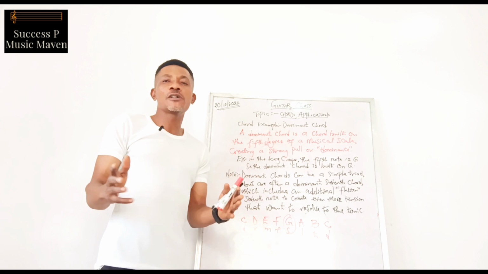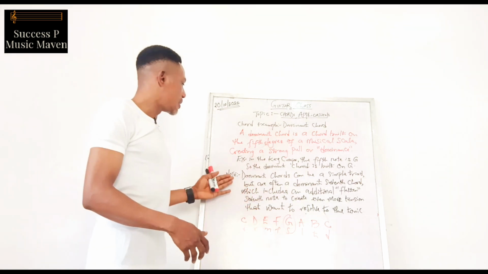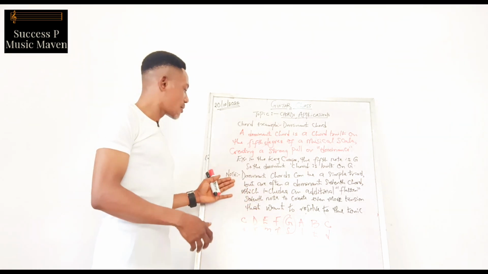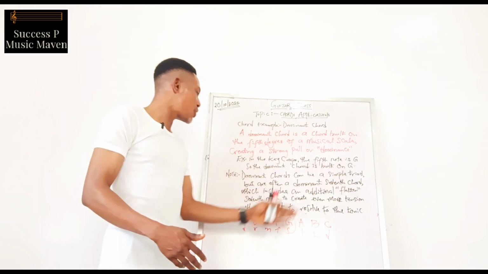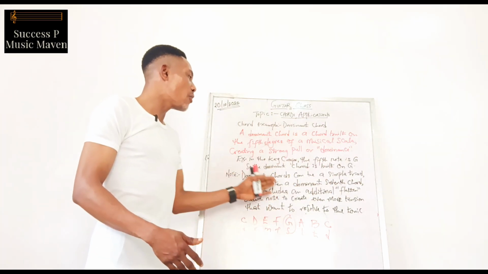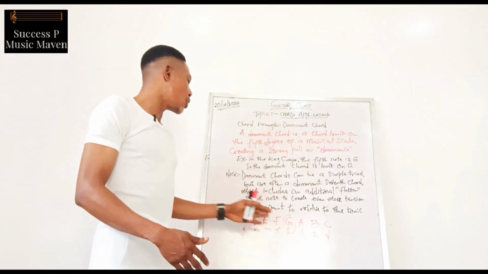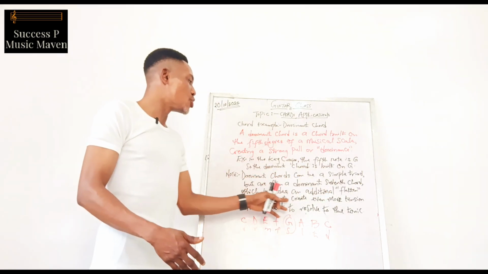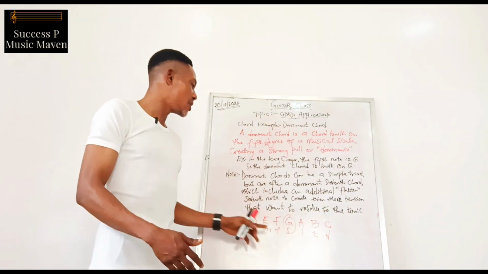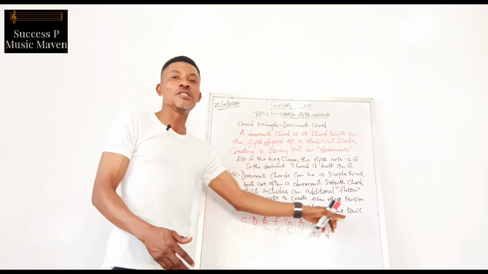All right, moving on to the next thing. There's a note I put down here. Dominant chords can be a simple triad, but are often a dominant seventh chord, which includes an additional flattened 7th note to create even more tension that wants to resolve to the tonic.